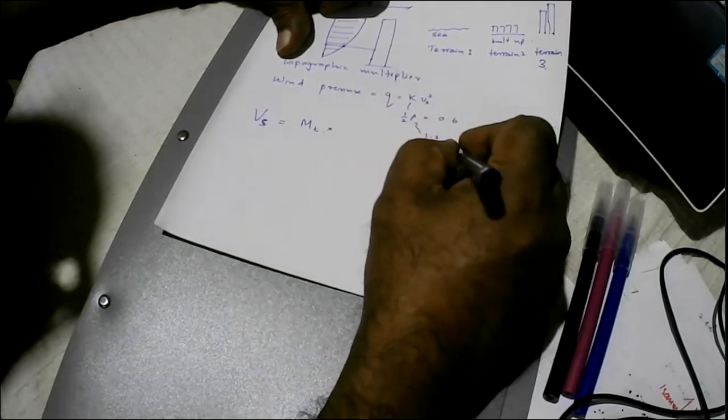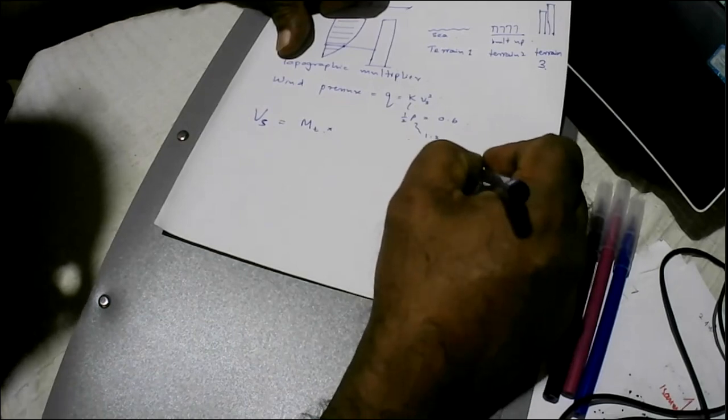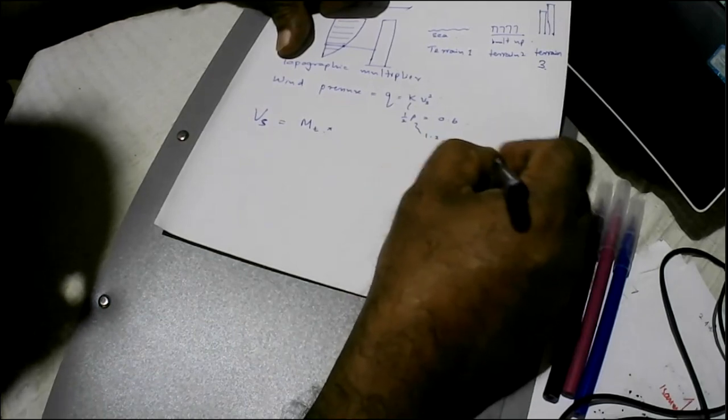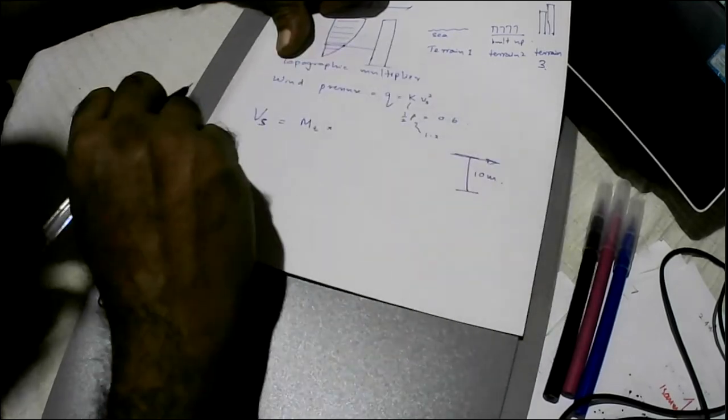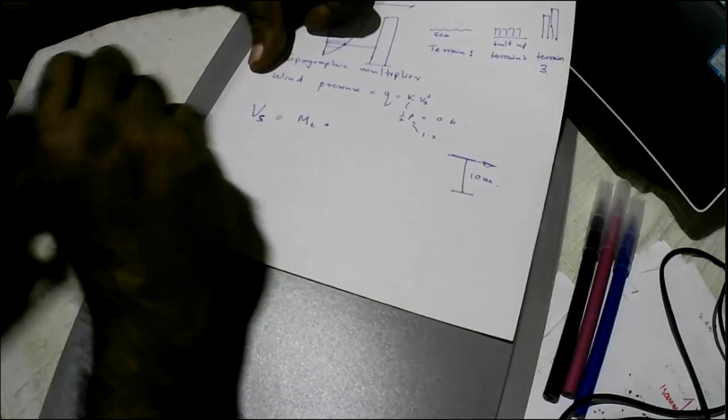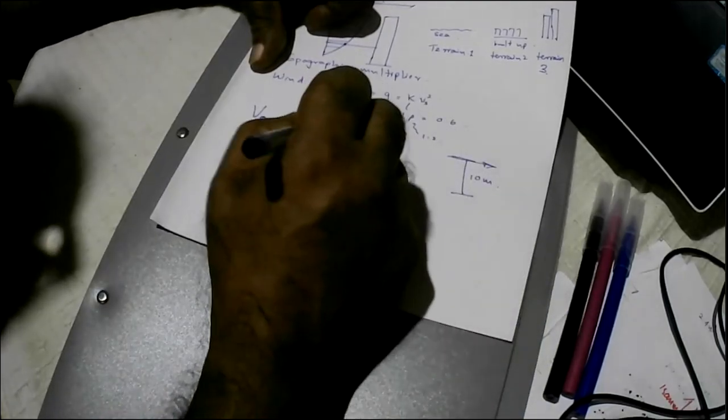The basic wind speed is actually measured at a height of 10 meters above the ground level. So at a height of 10 meters above the ground level, you get the basic wind speed, and we call it the design wind speed as well.